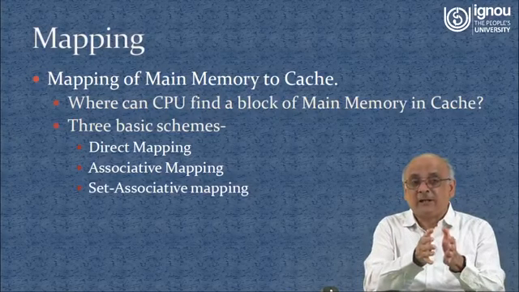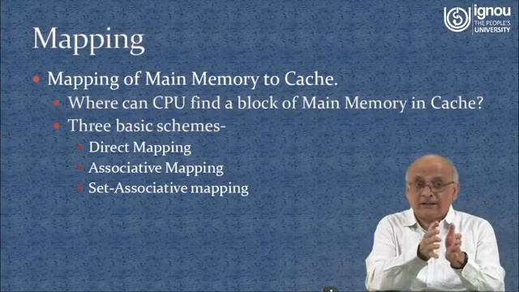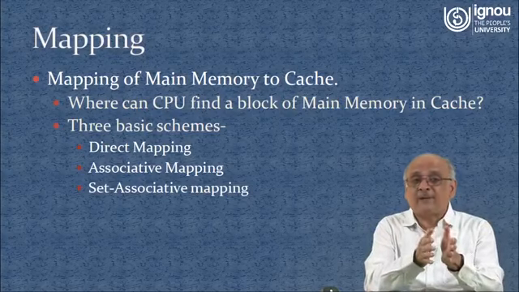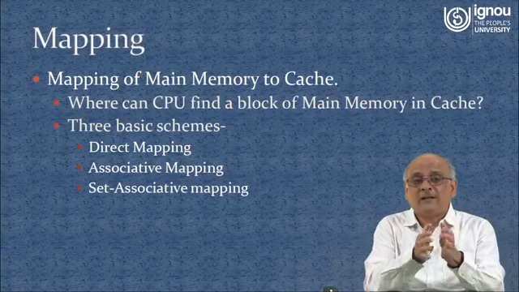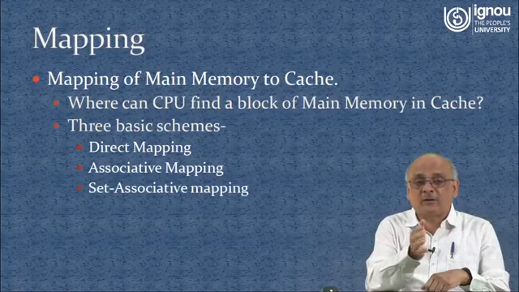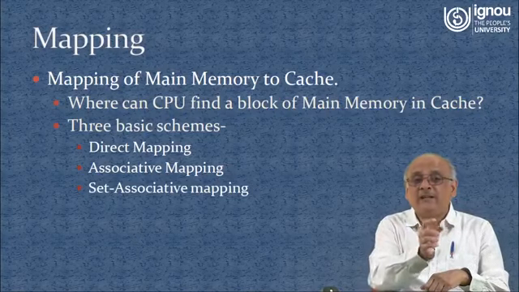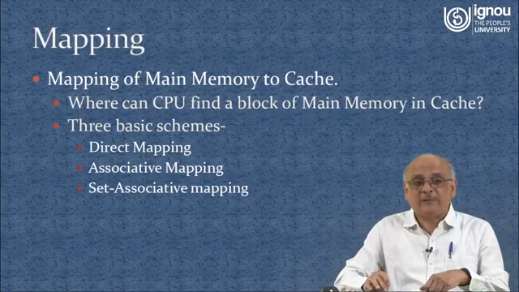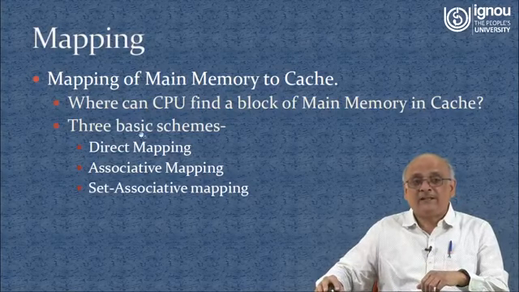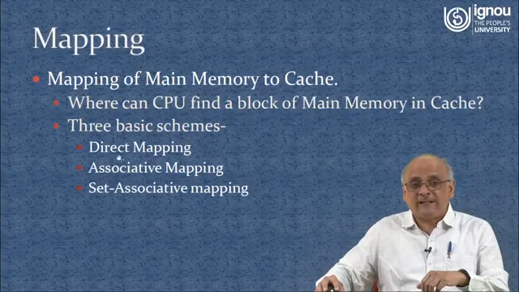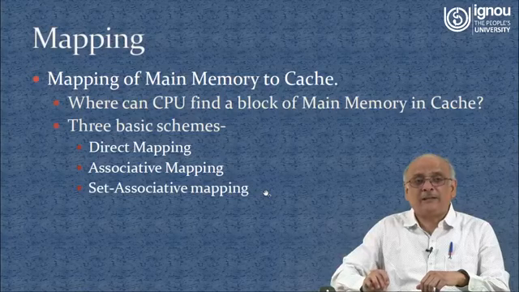If it is there at all, it may not be in the cache memory at all, but if it is, how will we find out that this particular main memory word is in what portion of cache memory. That is why we need the direct mapping scheme, associative mapping scheme, and set associative mapping scheme.